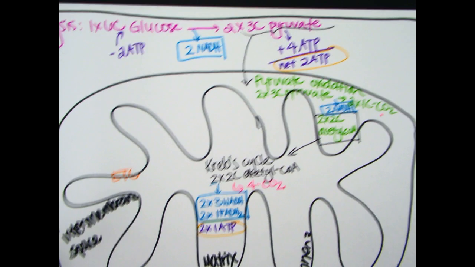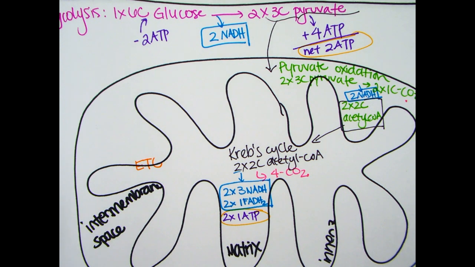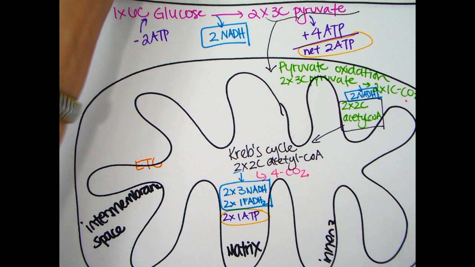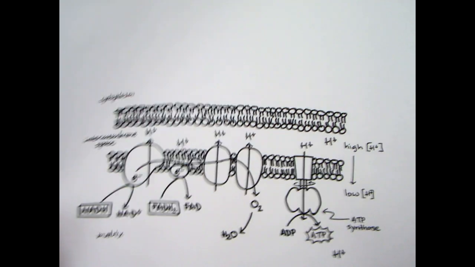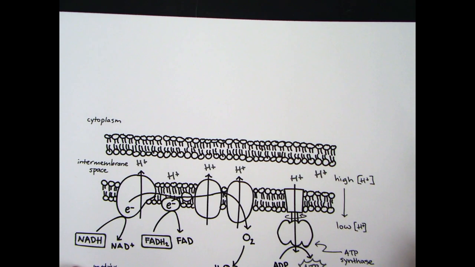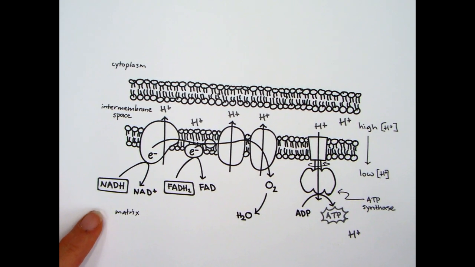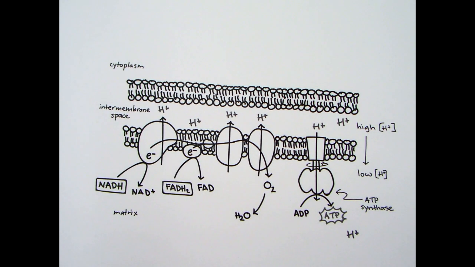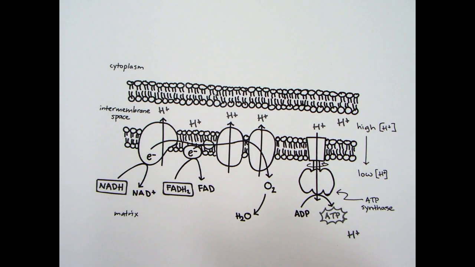I've printed that out, and I'm going to walk through that with you guys for the electron transport chain. Okay, so we'll just set this up here. And so here is our electron transport chain. Okay, so again, this whole thing is going to be our cell.